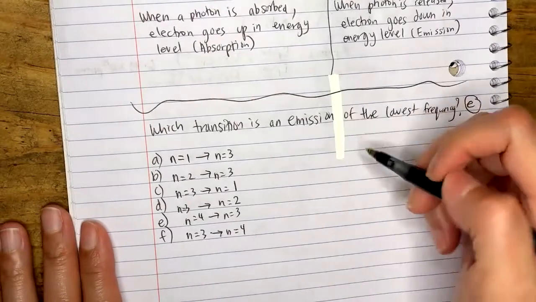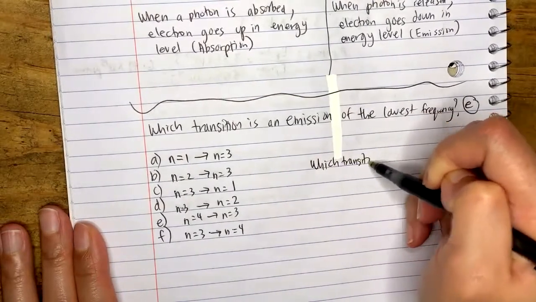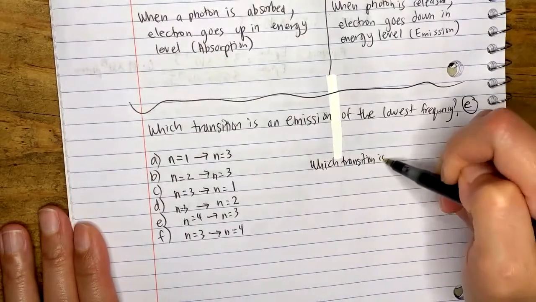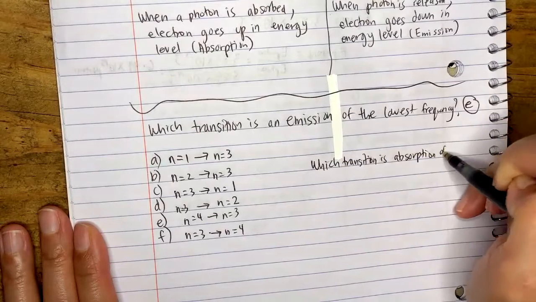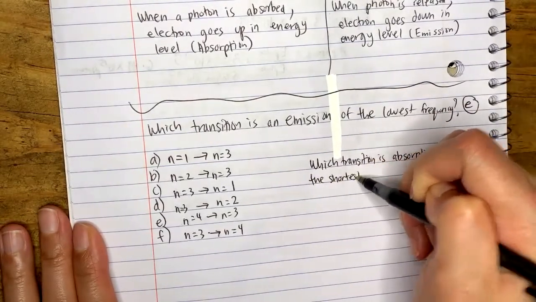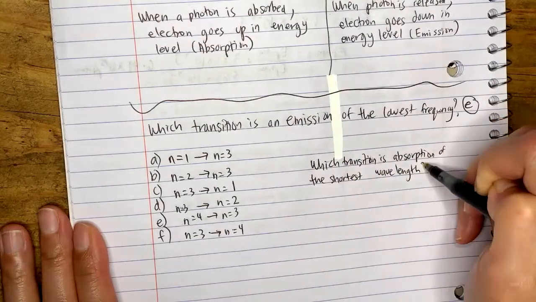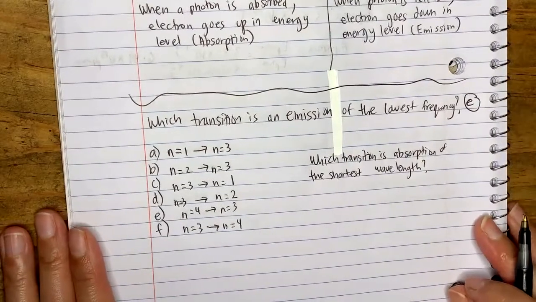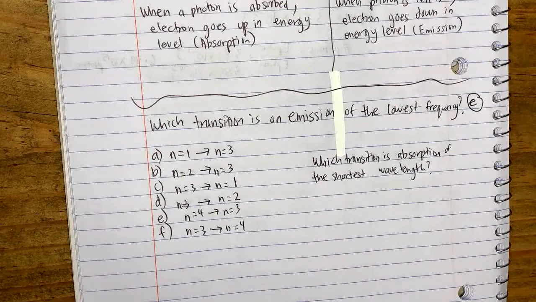Now here's another question. Which transition is absorption of the shortest wavelength? The shortest wavelength is going to be the opposite of frequency, right? Frequency and wavelength are opposite.